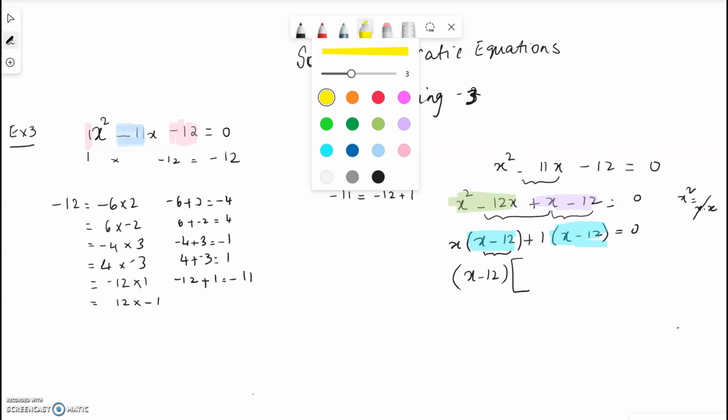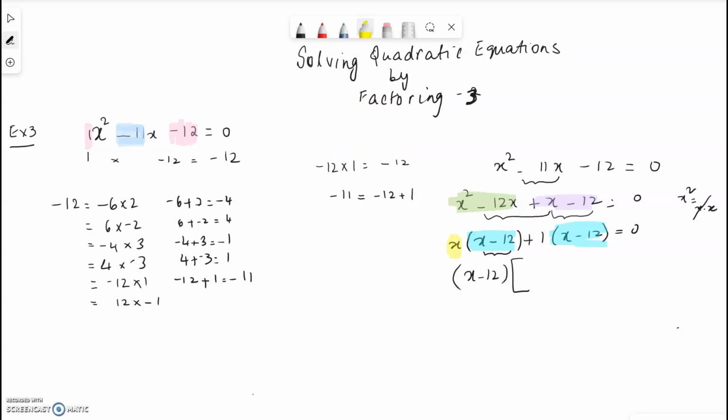We're left with an x in the first term and a plus 1 in the second term. We write that down. That is an x plus 1. So now we've completely factored the given quadratic expression, and now we're ready to solve the equation x minus 12 times x plus 1 equals 0.